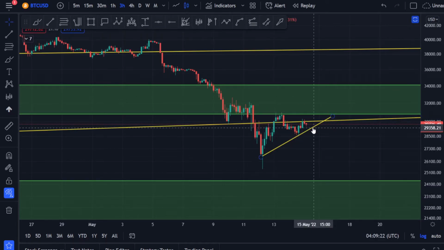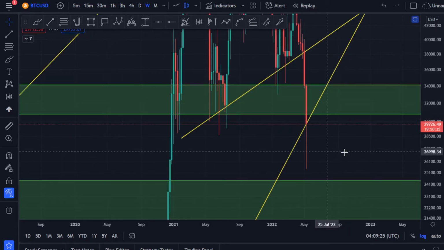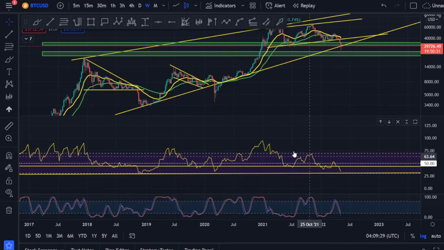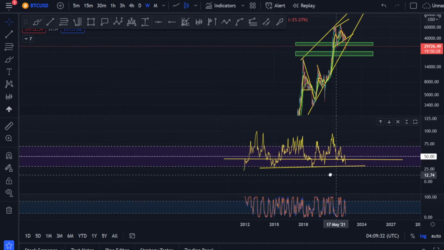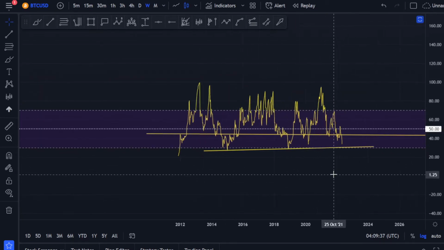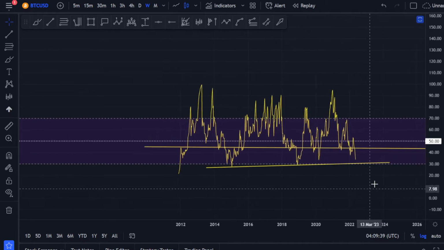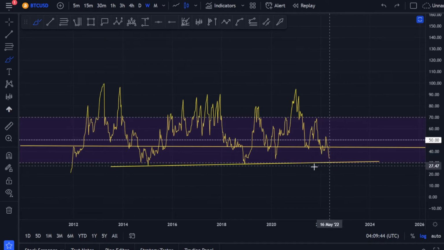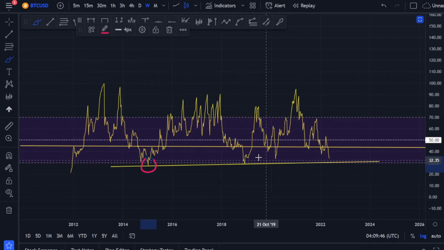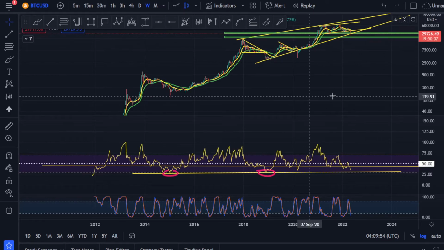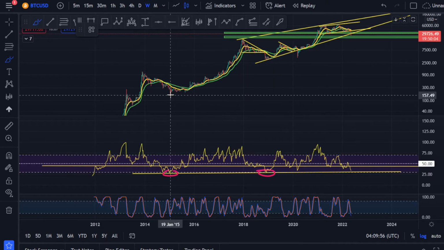Now, if you go to the RSI, go to the weekly time frame, bring your RSI. You can see clearly in the RSI now. Let me just zoom in a little bit. So this is the RSI, and this is where the RSI is at the moment. Previously, whenever it had those dumps, it came and hit this support line. The bottom was right over here.